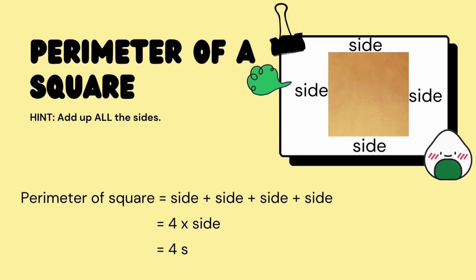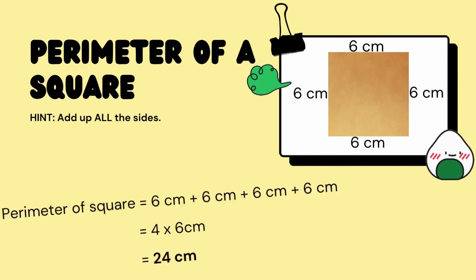Perimeter of a square is equal to side plus side plus side plus side. Because the square has all the same sides, we can make a shortcut: 4 multiplied by side is also equal to the perimeter of a square. So the perimeter of a square can be written as 4s, which represents 4 times the side.